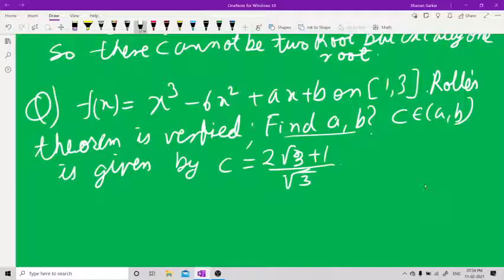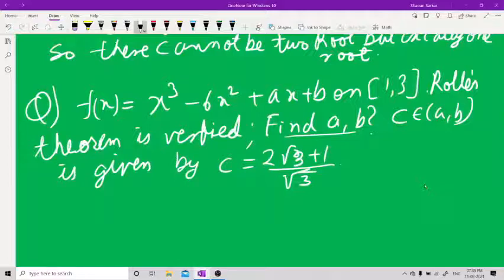Now, already they have told me this. Now, at f of 1 and at f of 3, the additional condition that needs to be told to you, which has not been told in the question, I don't know why, is that at 1 and 3, they are the roots.